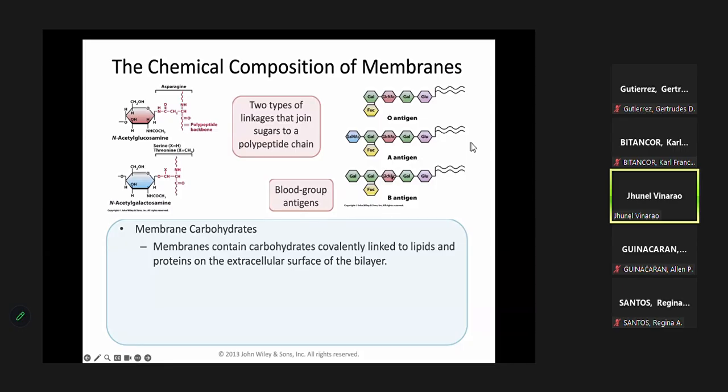For the B antigen, it is not GalNAc, but just a regular monomer galactose.